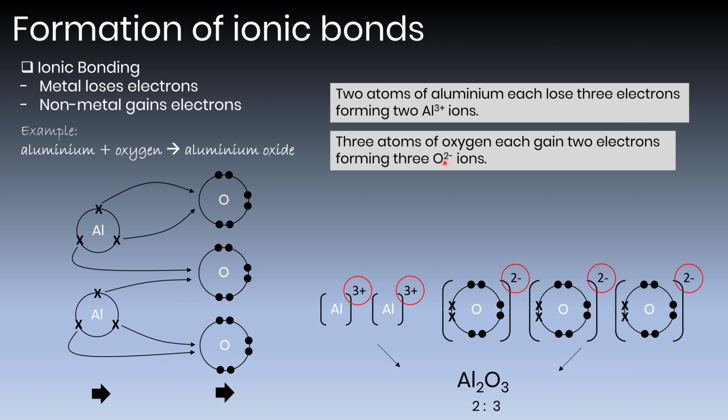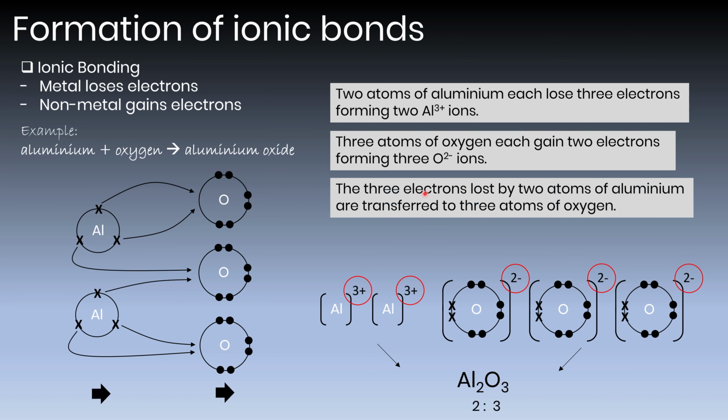This formed 3 oxide or O2- ions, 1, 2, and 3. We can say that the transfer occurred as follows. The 3 electrons lost by 2 atoms of aluminium, atom 1 losing 3, atom 2 losing 3, are transferred to the 3 atoms of oxygen, 1, 2, and 3.